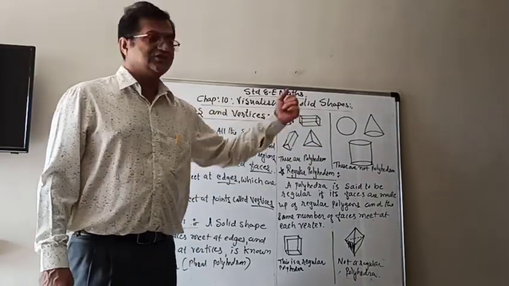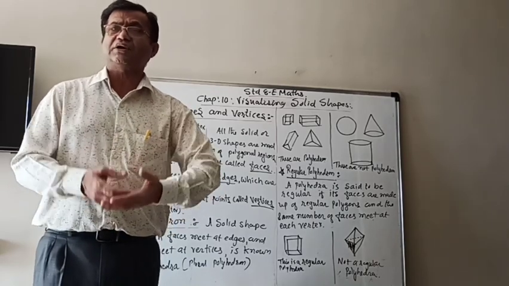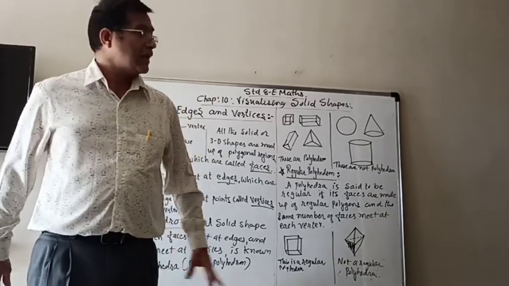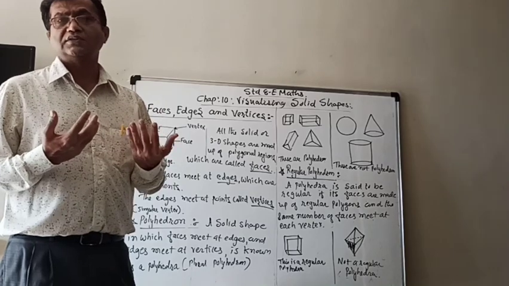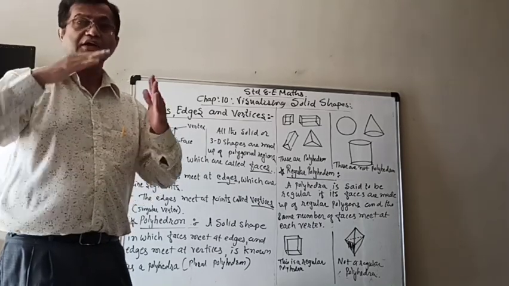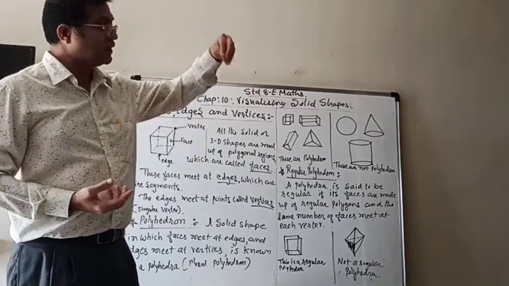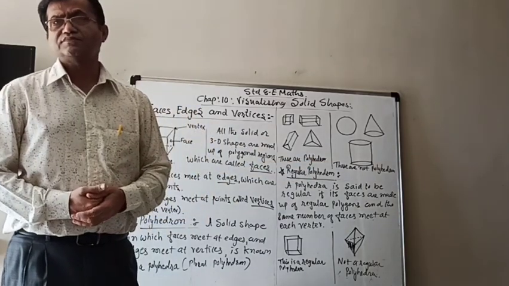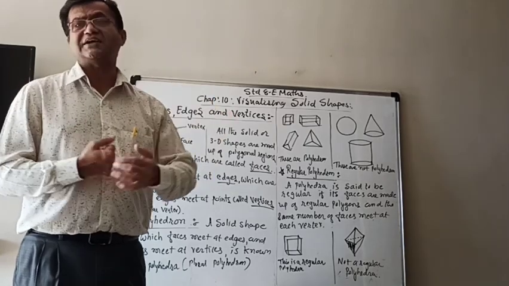But here you can see the shapes on the left side. A sphere does not have edges or vertices because it is a curved surface. In a cone also there are no edges, only one vertex on the top. Edges are not there, only the faces and one vertex. In a cylinder also there are no edges, just a curved surface and two flat surfaces.